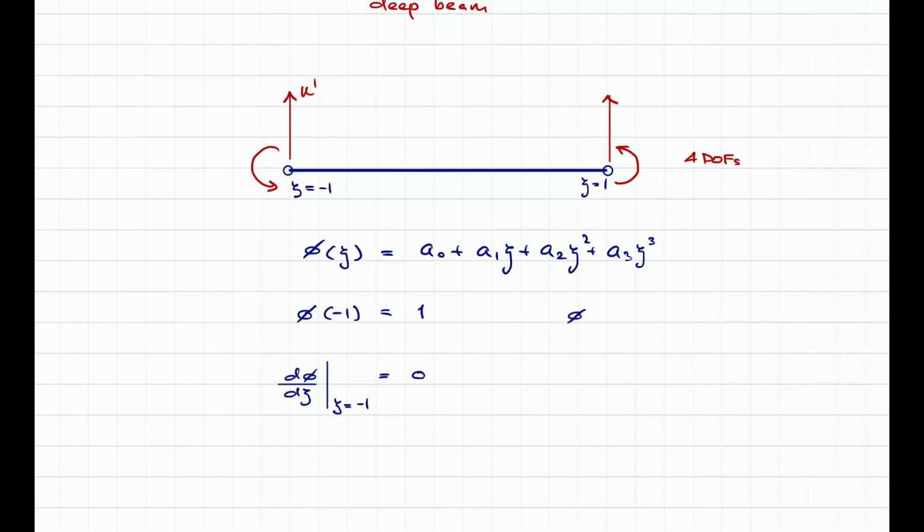And phi at 1 equals 0, and phi prime at 1 equals 0.